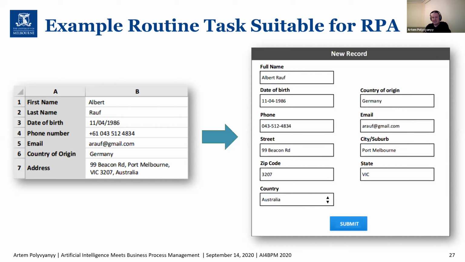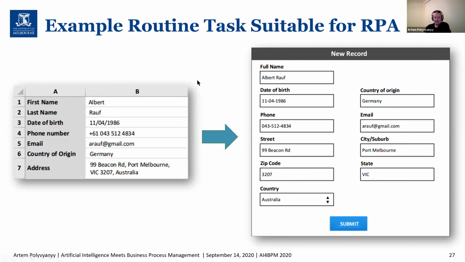And actually, this is not fiction. This really happens in life. We also observed this at the University of Melbourne. Our enrollment team does a lot of this manual work transferring data from Excel forms into our systems. And then there is also the RPA team that helps them to automate these routines that they're doing.